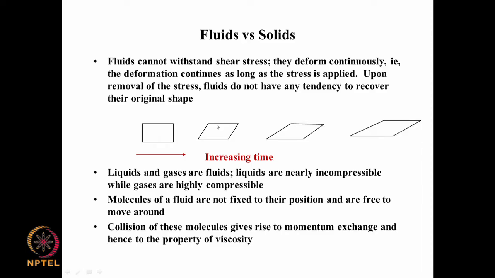So, it is this nature of fluids, that they continue to deform with the application of shear stress, that differentiates fluids from solids, and both liquids and gases exhibit this kind of behavior.